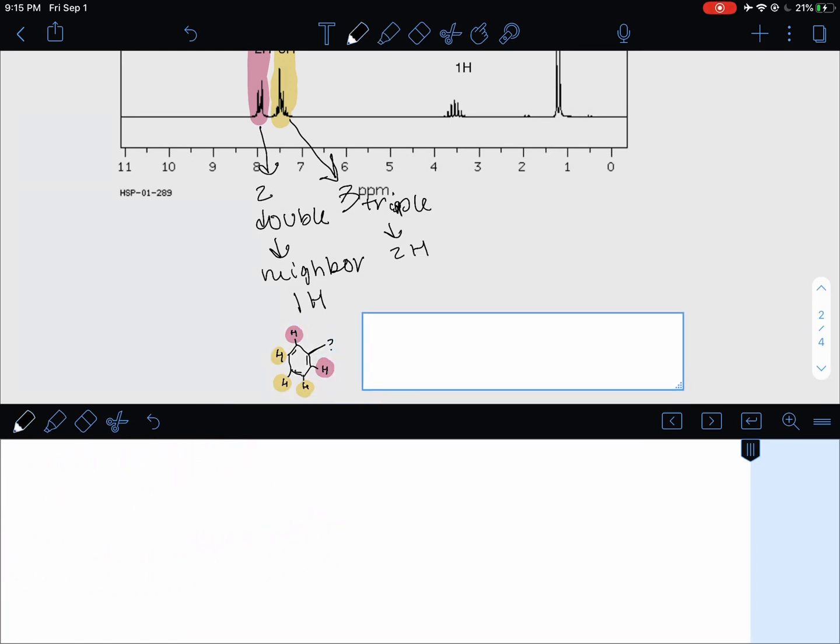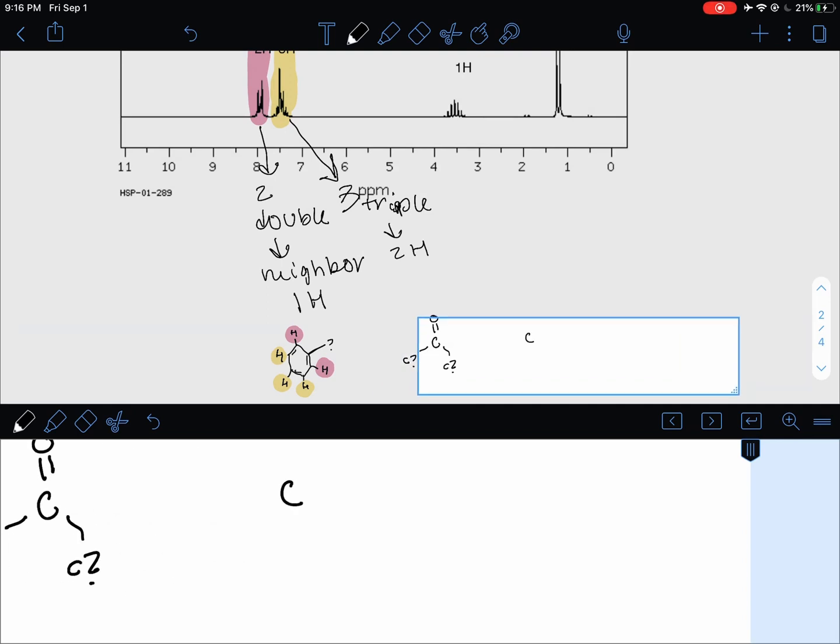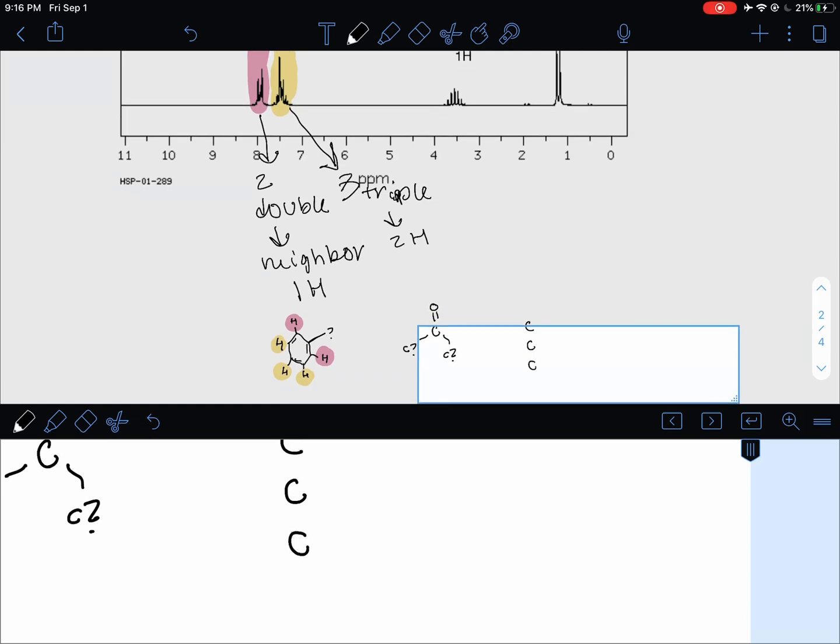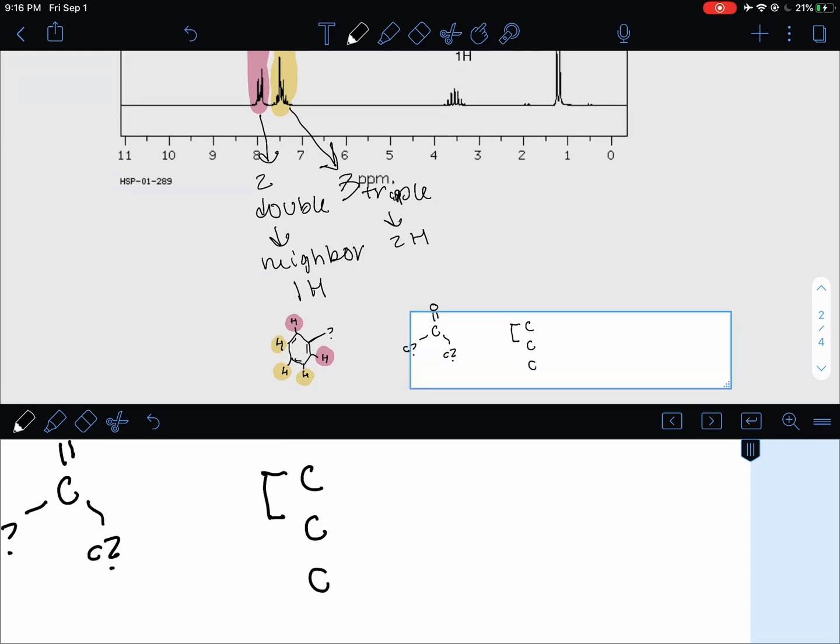We then know we only have 2 other unique hydrogens. And we know that we have the ketone. So our double bonded C is going to be connected to, we don't know which, carbons, so there will be no hydrogen group on that. And then we have our 3 other C's. 2 of them will be identical.